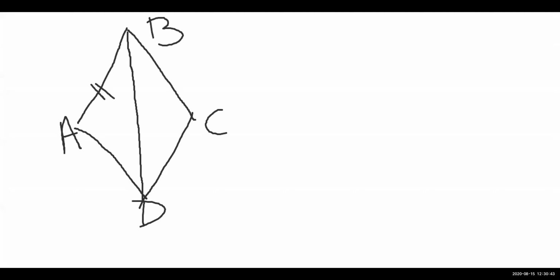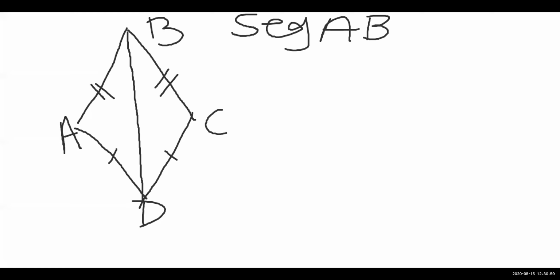These two sides are congruent and these two sides are congruent. Okay, now segment AB is congruent to segment BC. Okay, this is given.